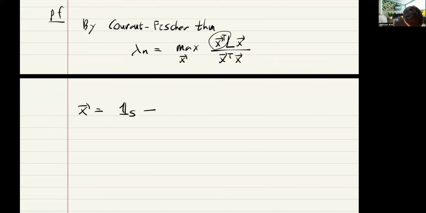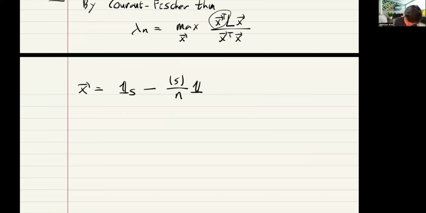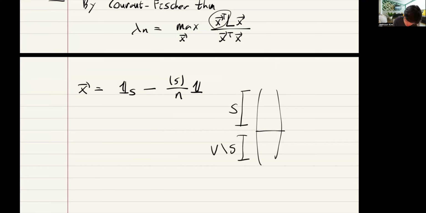So you take the characteristic vector of S, and then you subtract this. So in other words, what does this become? This is the column vector, say that this part is corresponding to S, this part is corresponding to the remaining.